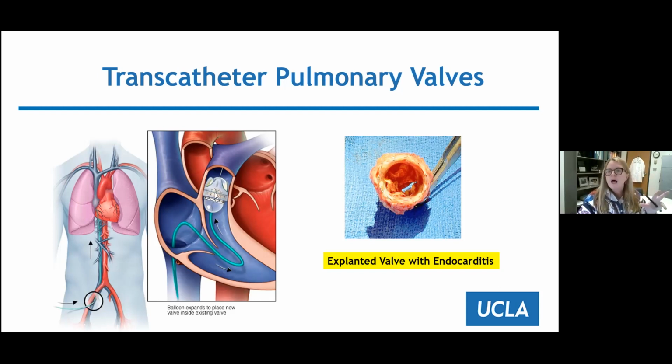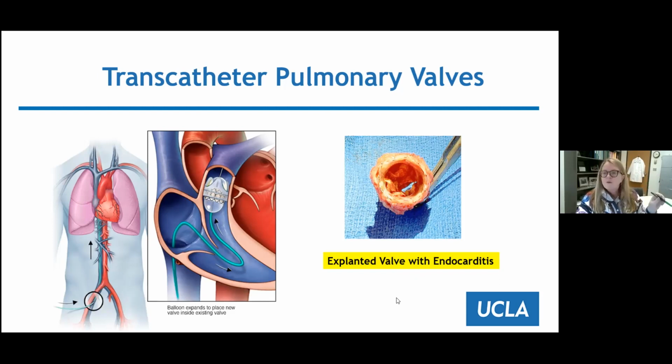A balloon dilates their native valve that's in there, and then it will open up and deposit a new valve in place. It's not mechanical, it's a bioprosthetic valve. It's a tissue valve in a metal scaffold here, which you can see.